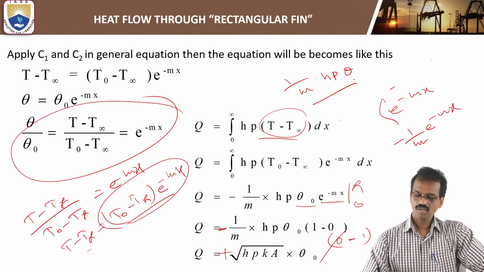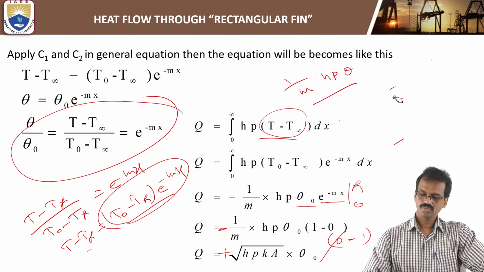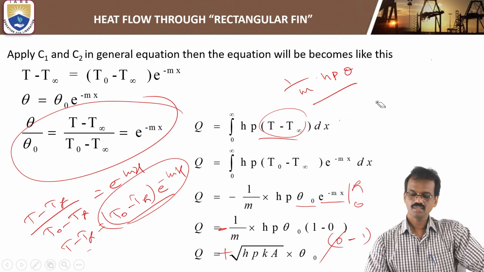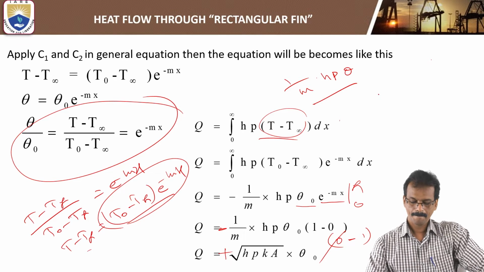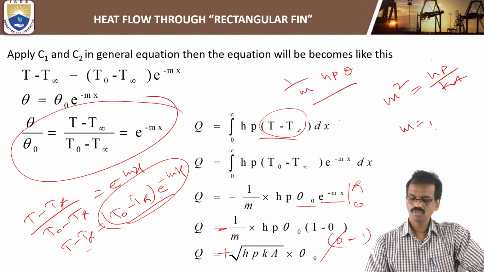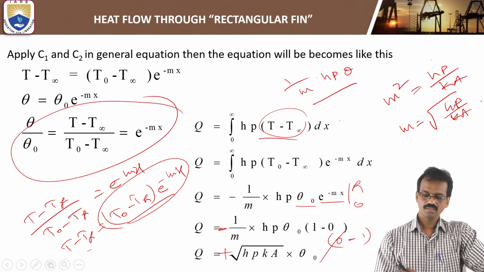You know the value of m. We already took m square is equal to hp by k, so m is equal to under root of hp by k. Substitute this value in this one.